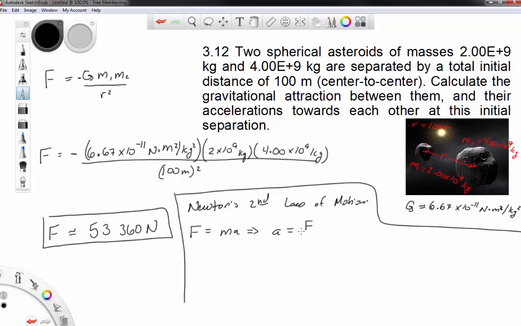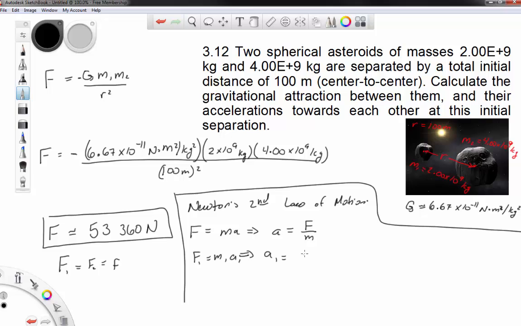And so therefore the acceleration should be force over mass. So for the smaller one, we'll call the smaller one M1. So F1 is equal to F2 is equal to F. So we can write even that down here. F1 equals F2 equals F. So we would have F1 is M1 A1.